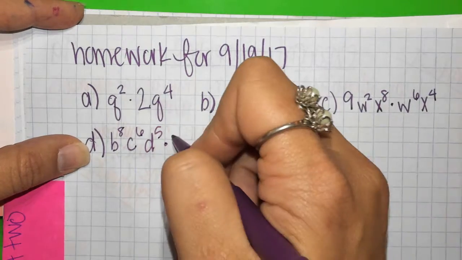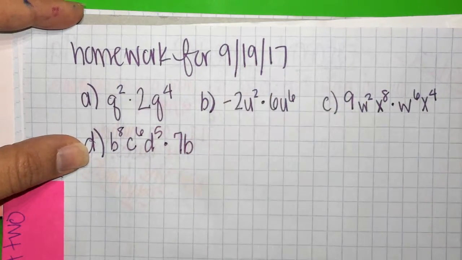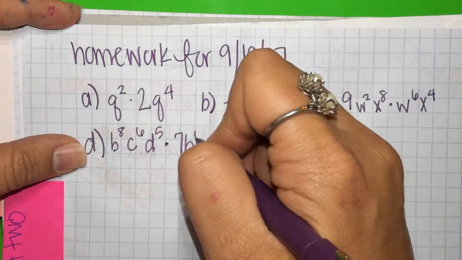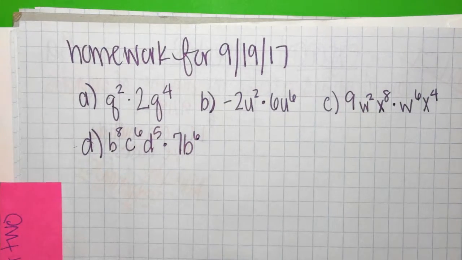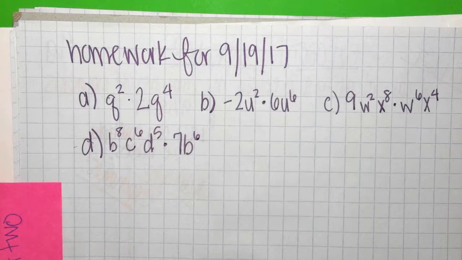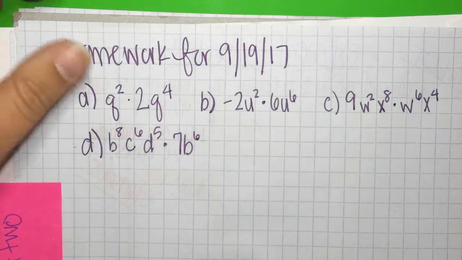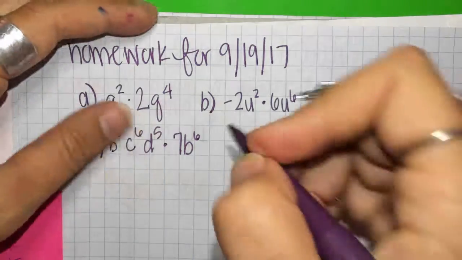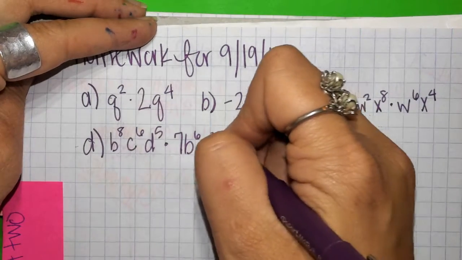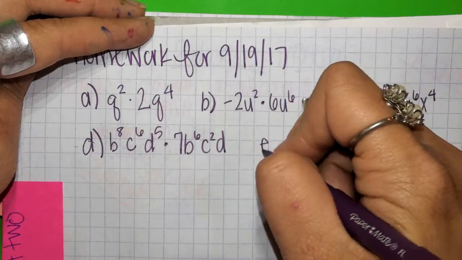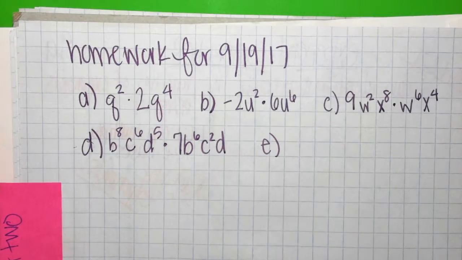Why are you still not writing it down? Thank you, Bryn. Why you still talking to me? Write this down or lose points. Let's go. Your feet should be on the ground. That's a long problem. I can keep writing.